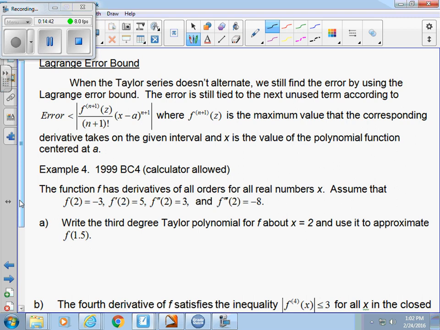Because with alternating series, you only need the next term, which is quite easy to find. But reading the Lagrange, page 502 has the Lagrange error-bound formula, and I don't see anything that says that you can't have an alternating series.